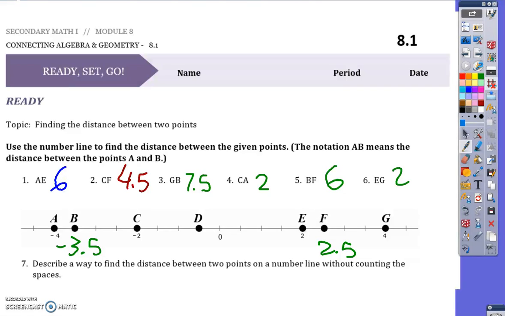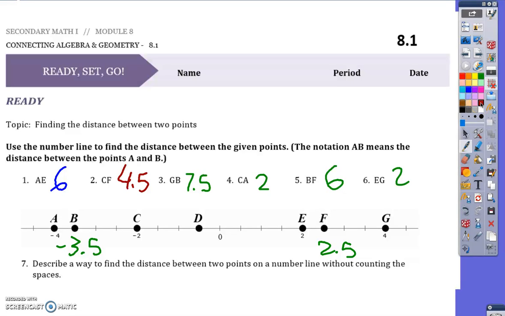So what is a way to find distance without counting? Now I didn't count ever because of the halves, but I kind of counted to get here, like I went, okay, 1, 2, and a half. So is there another way to do it? I'm going to use B to F as my example to explain.